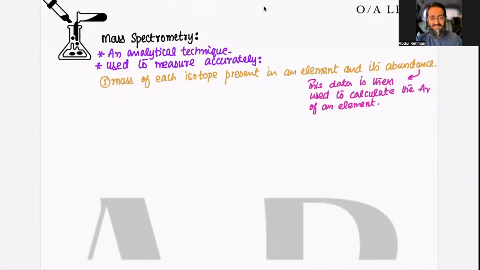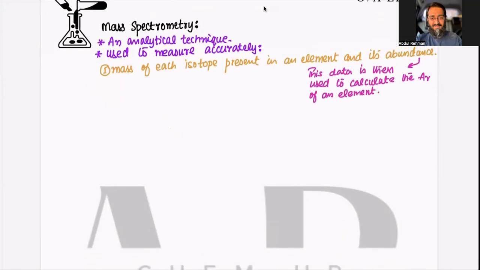I will discuss it with the bonding. Okay. Now, the second thing that you measure accurately is the mass of organic compounds.